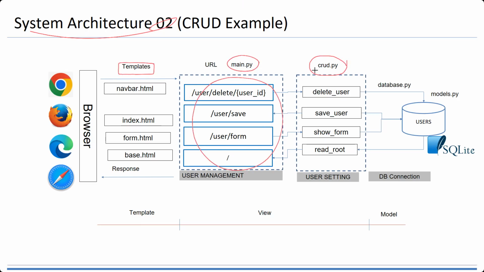I will create in a new Python file, crud.py, and there will be another separate database file for connecting to the models, in this case the users, and there is another kind of file to create the models.